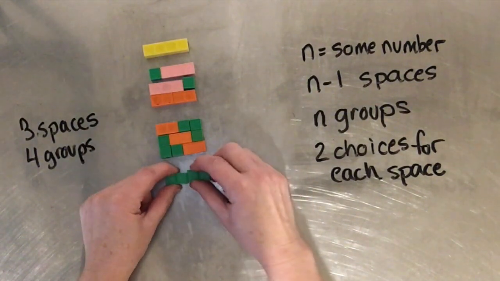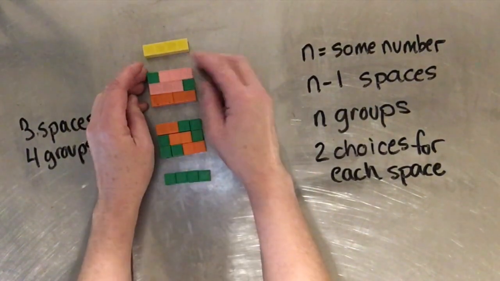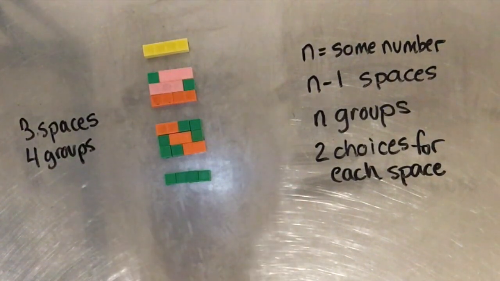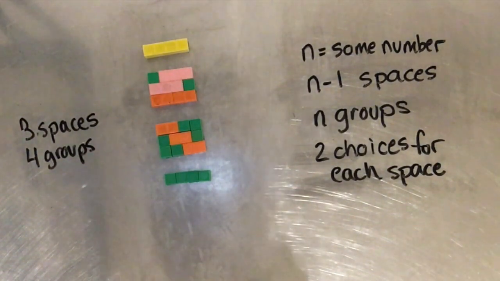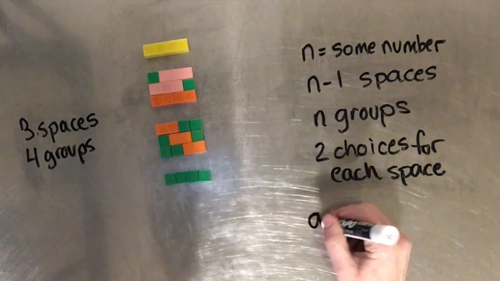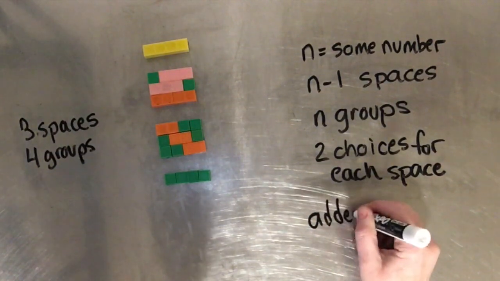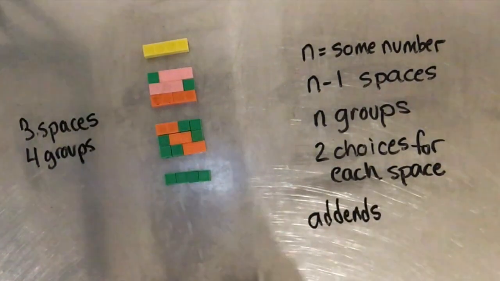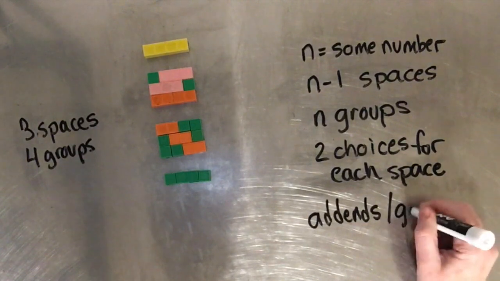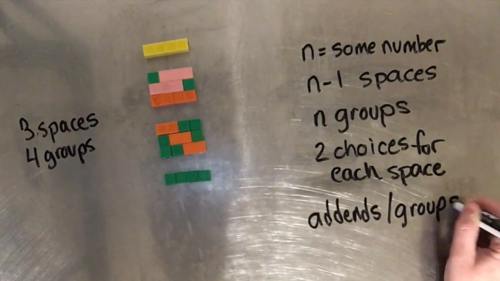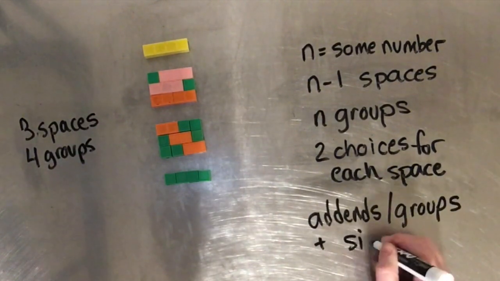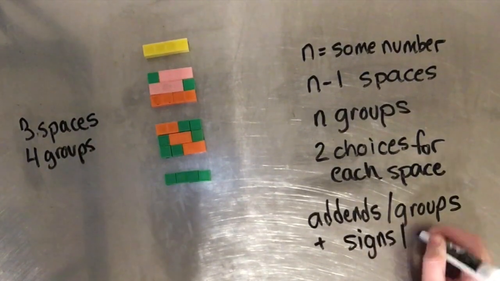Okay, so with the kids, what we're looking for really is not so much spaces, but plus signs, add-ins, which would be the groups, and plus signs, which would be the spaces.